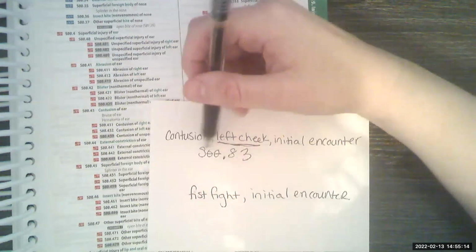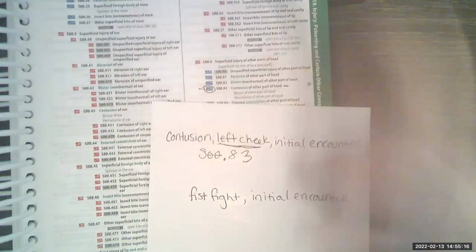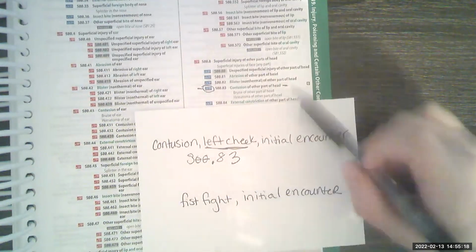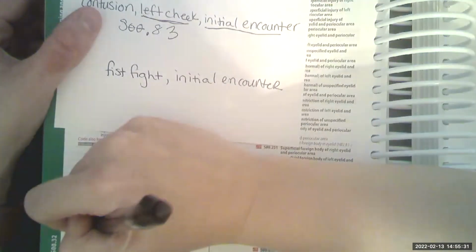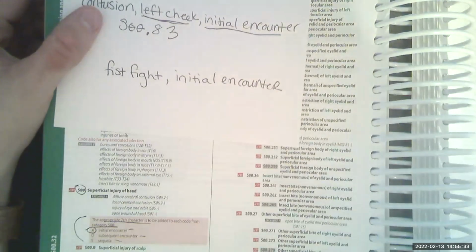So as you can see, 1, 2, 3, 4, 5. That's how many characters we currently have. We need 7. We know from over here that it needs to be A, D, or S. Since we already know that it is initial encounter, right? We know that our final character is going to be A, initial encounter. So when we come over here, we know we need 7 characters.